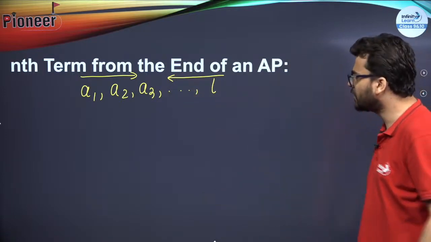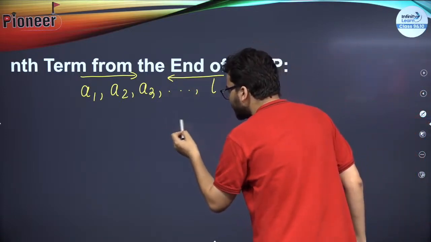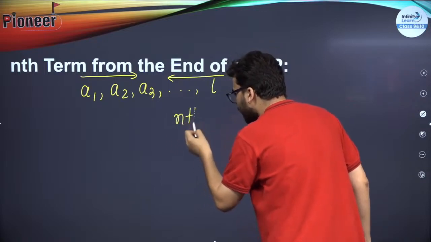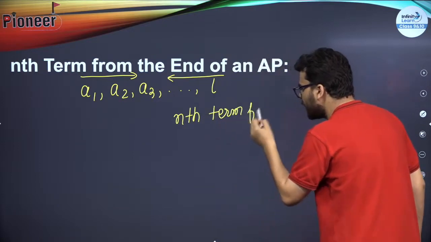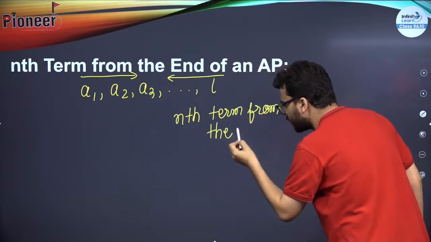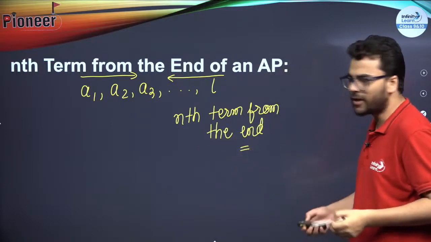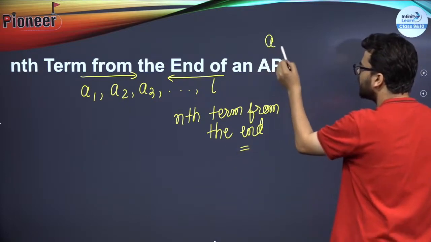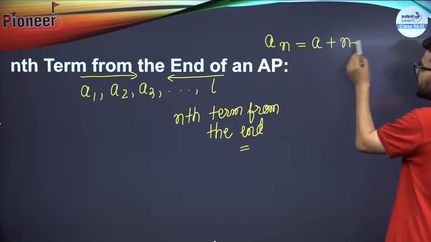Now you will agree that I will use the same formula, nth term from end, but I have started walking from the end. The formula to find the nth term from the beginning is an equals a plus n minus 1 into d.